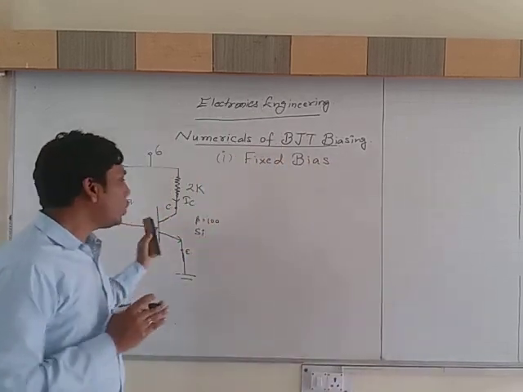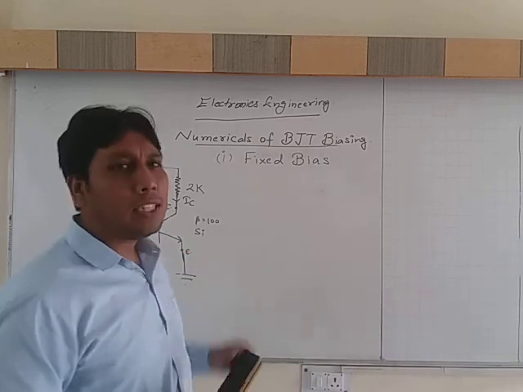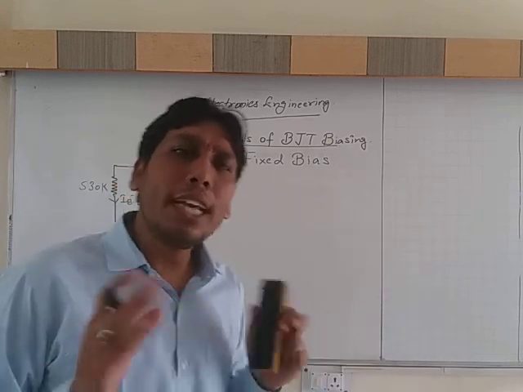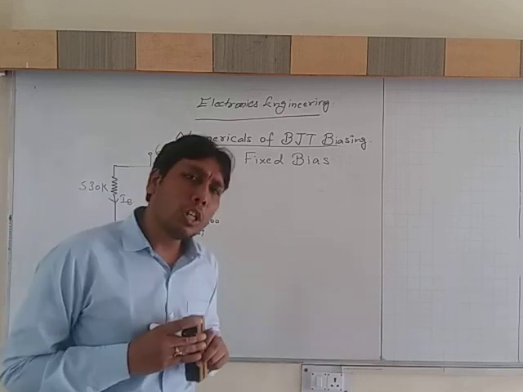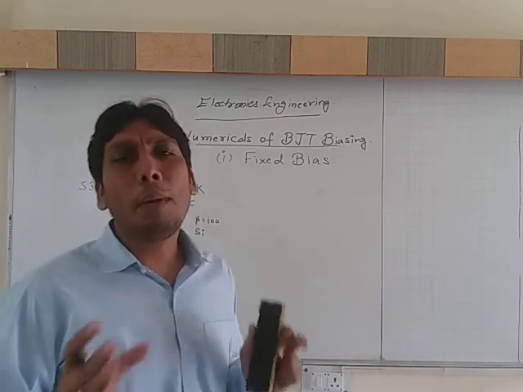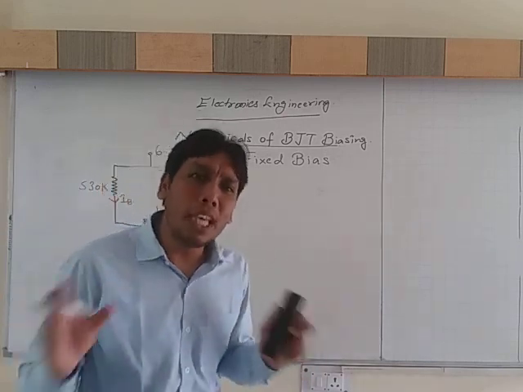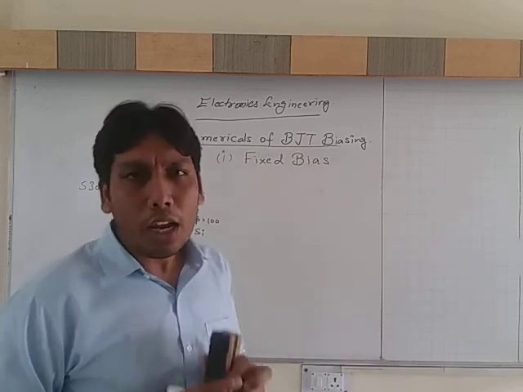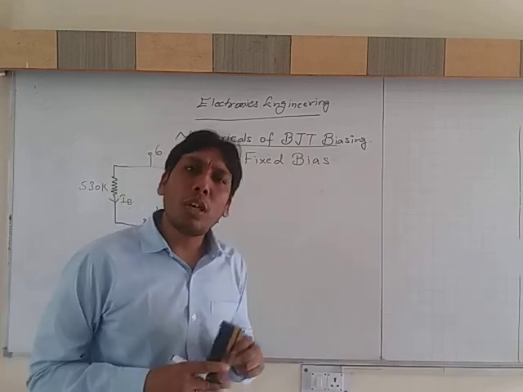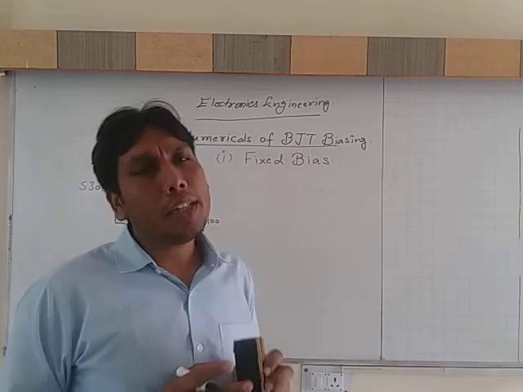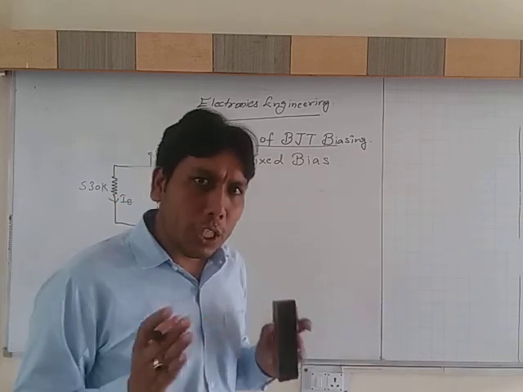In this question, the transistor is given of silicon type. That means the voltage drop at base and emitter terminal, that is VBE, will be 0.7. If that transistor was made of germanium, then VBE will be 0.3.